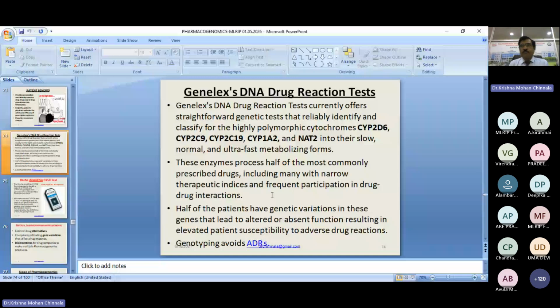That is the beauty of penicillin. But the major issue with penicillin is the hypersensitivity reaction. Again, different genes are involved in the hypersensitivity reaction. That's why it is not there in the market. Otherwise, it is a very good antibiotic with broad spectrum activity.